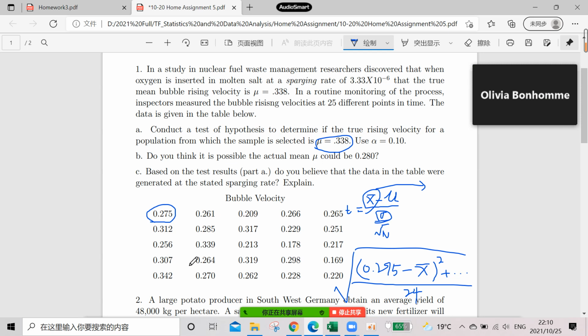So then what is the question? Okay. Conduct a test and determine if the true rising velocity for a population is 0.388. So then we have to apply the confidence interval, right?